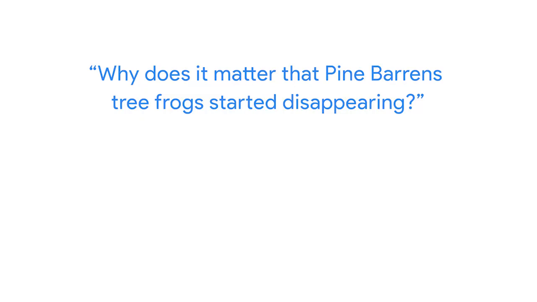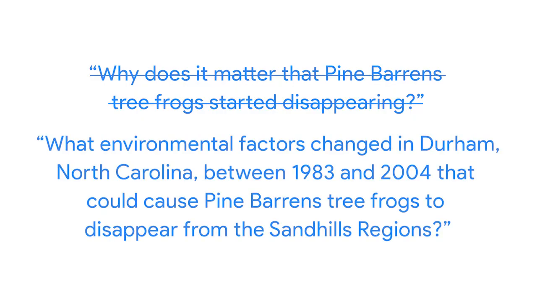A more relevant question would be, what environmental factors changed in Durham, North Carolina between 1983 and 2004 that could cause Pine Barrens tree frogs to disappear from the Sandhills region? This question would give us answers we can use to help solve our problem.